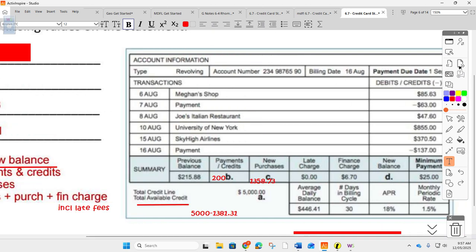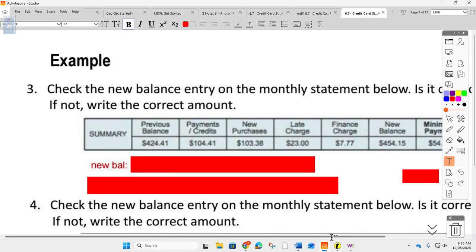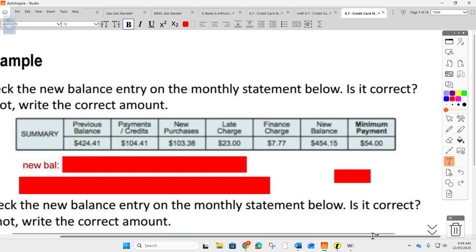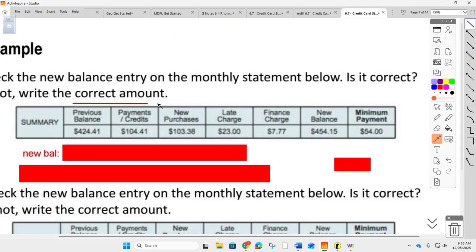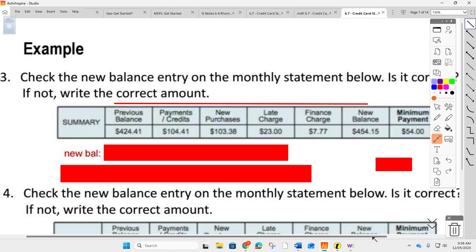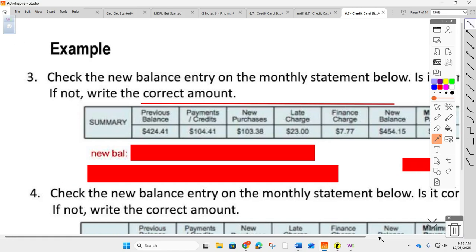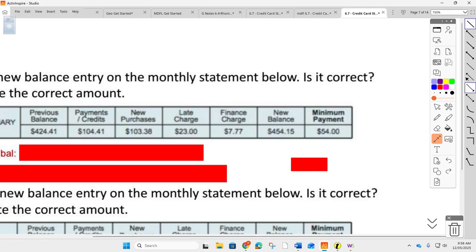Okay. So now we're going to use just the summary of a statement and we're going to find the new balance. So remember what we said, just work your way across from left to right to get to the new balance. Well, there is a new balance in that box. The question is that new balance correct? All right, so we're going to go from previous balance, subtract payments and credits, add new purchases, add late charge, add finance charge, and see if we get what they got.